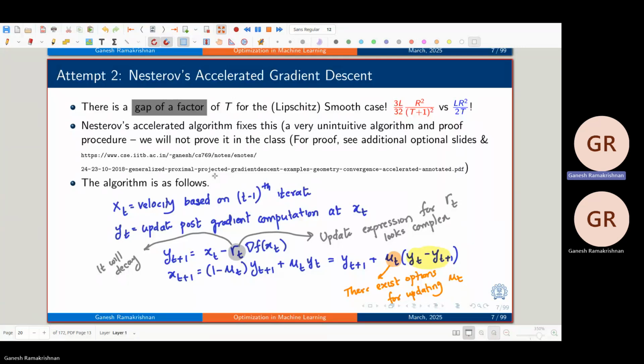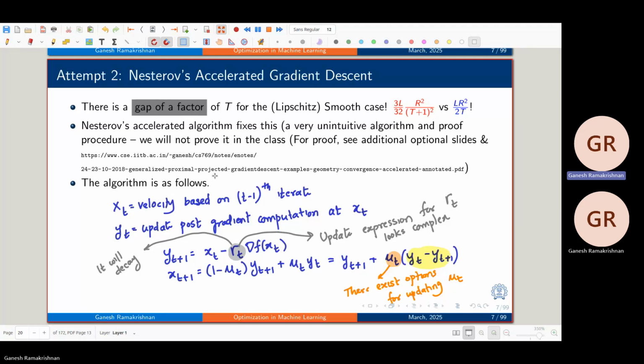One way to see this is as a convex combination of the previous two gradient updated steps, whereas the first one is the vanilla gradient update. It's very simple, and a neat expression.